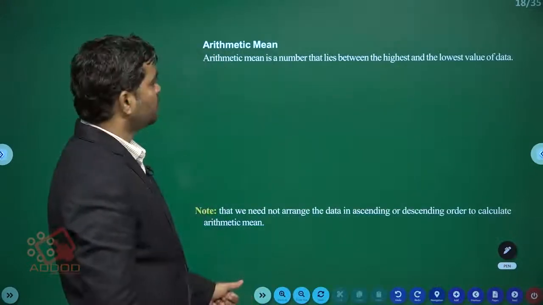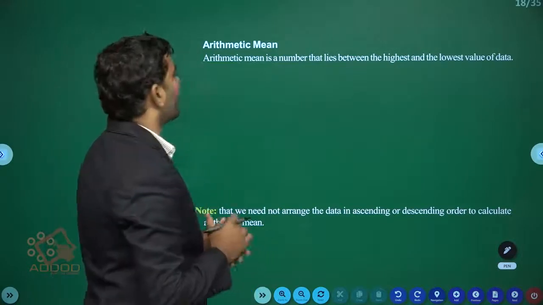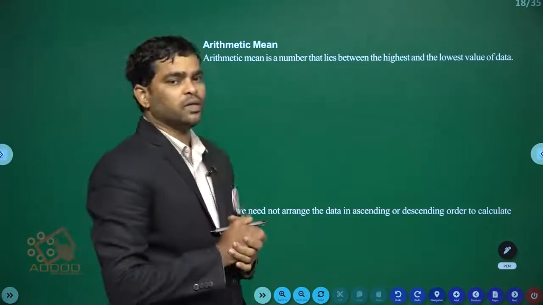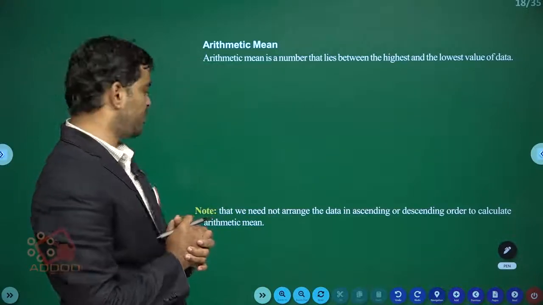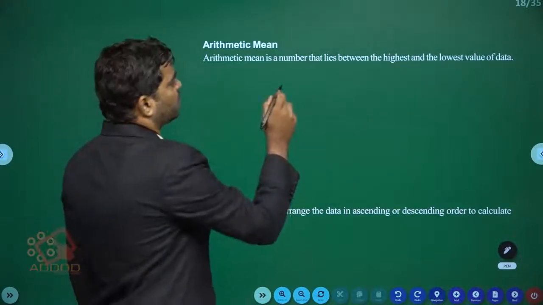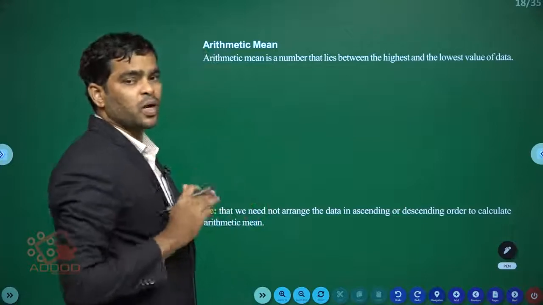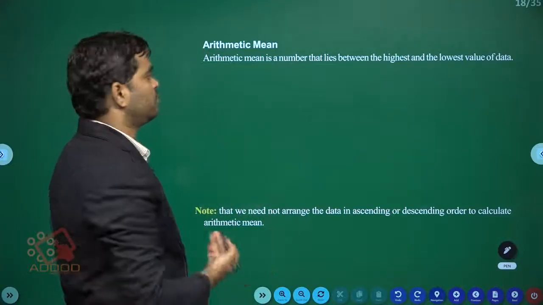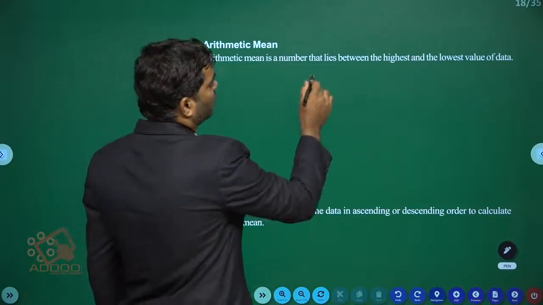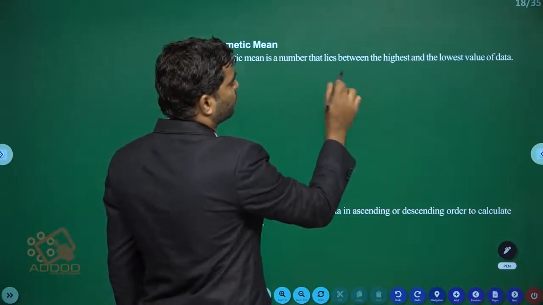Next, what is the arithmetic mean? The arithmetic mean is a number that lies between the highest and the lowest value of the data. For example, there are 5 students who have received marks out of 25.